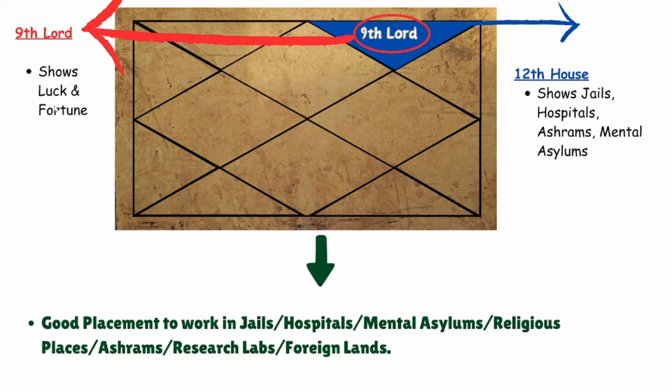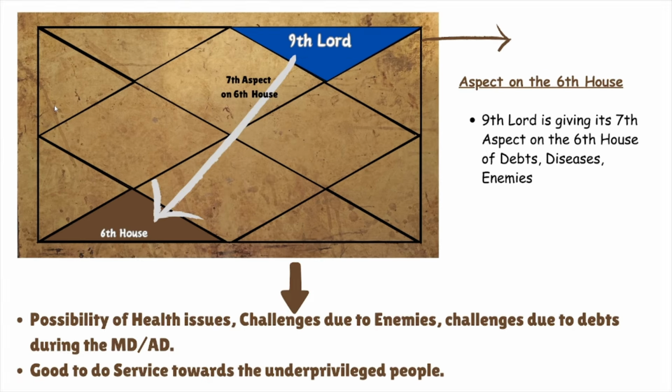So, this placement is going to give good results if you are working in any of these isolated, secluded places. If you are working in jails, hospitals, or mental asylums, or in the religious places, research lab, ashrams, foreign lands, then this placement is good.